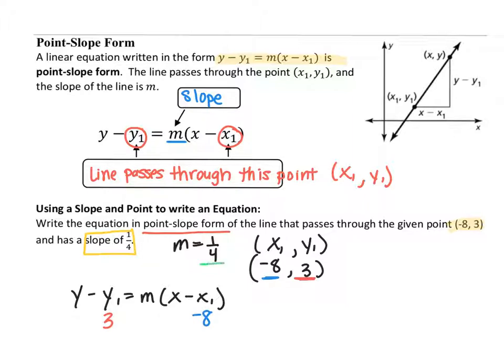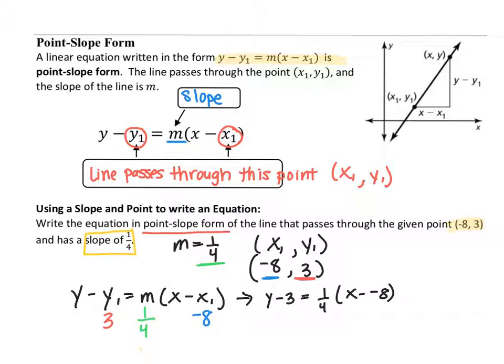And then we have slope. So the slope, we're going to substitute in for m. So after we substitute all of those things, we get y minus 3 is equal to 1/4 times x minus negative 8.